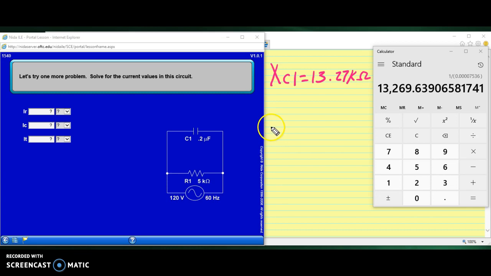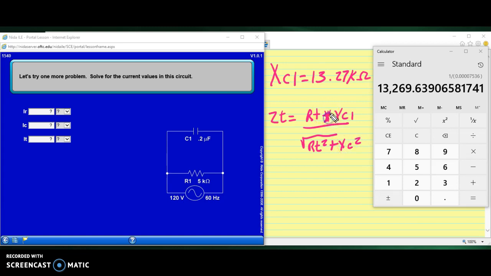So Z total is this nice long complicated formula: R total times X of C, in this case X of C1, because it is X of C total since it's the only one, over the square root of R total squared plus X of C squared.